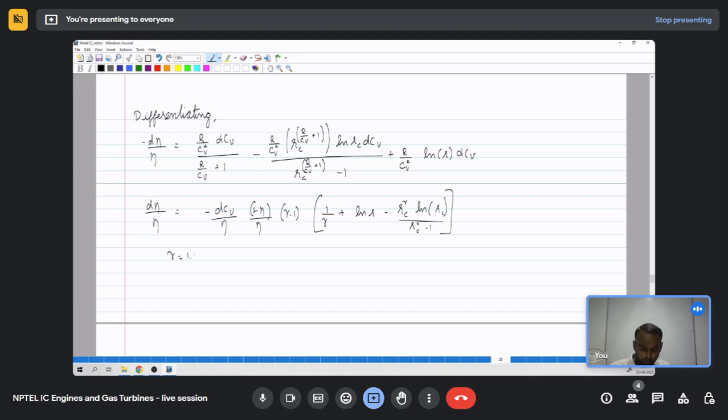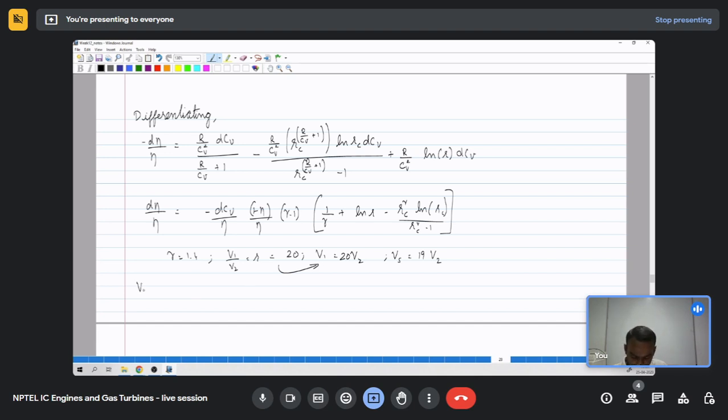Now gamma is 1.4, and we know V1 by V2, which is r, is equal to 20, and it is given V1 is equal to 20 V2. So from this we get that swept volume is 19 V2. Swept volume is V1 minus V2, so we get 19 V2.